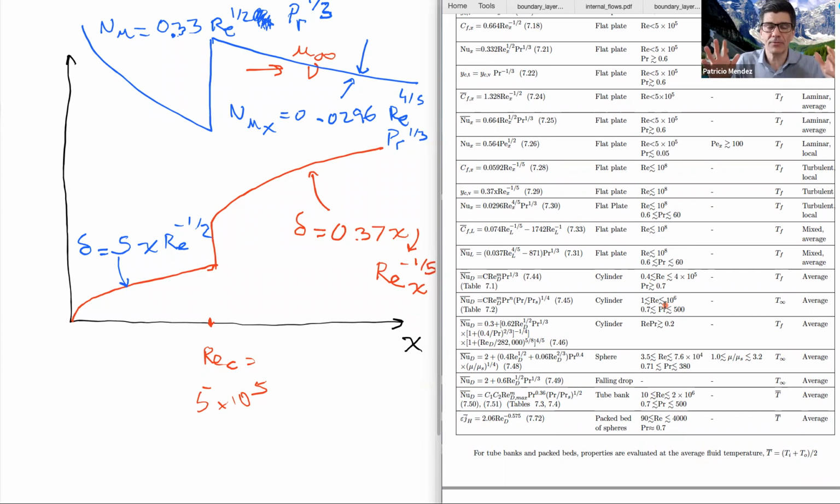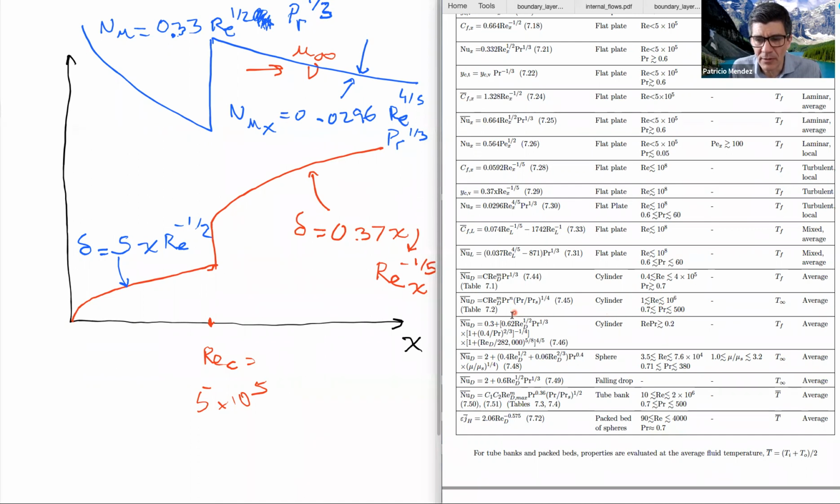So if you're going to use these formulas, you can only be happy with what you're doing if it is within the range indicated here, this range for Reynolds and this range for Prandtl. If you're outside, you might still use it, but you know that the farther you are from the range of validity, the thinner and thinner is the ice on which you're skating, right? But it's an informed decision.